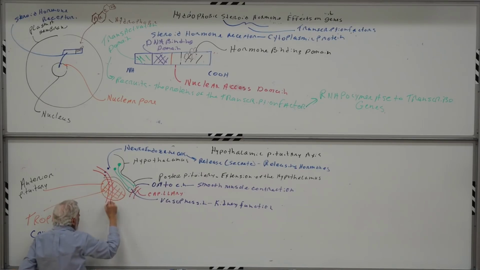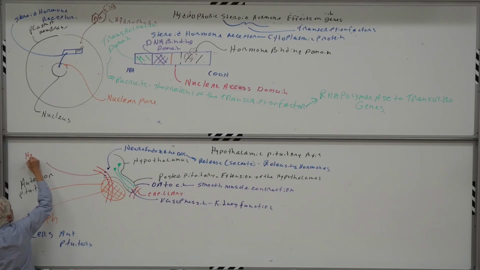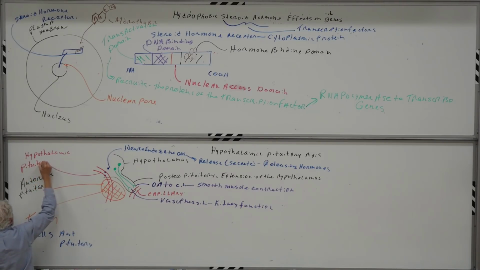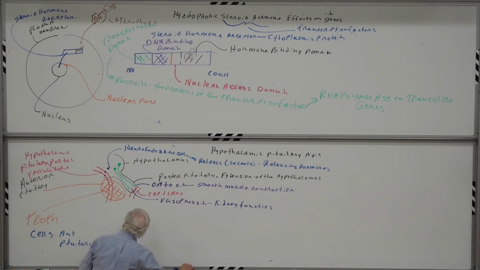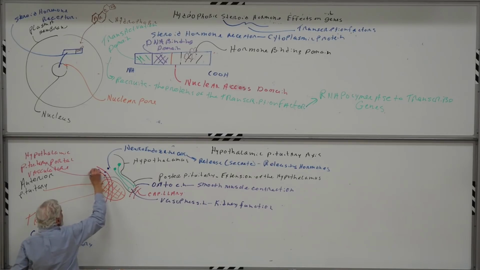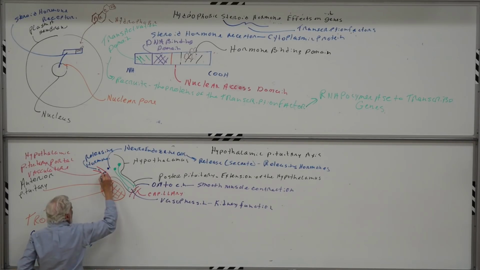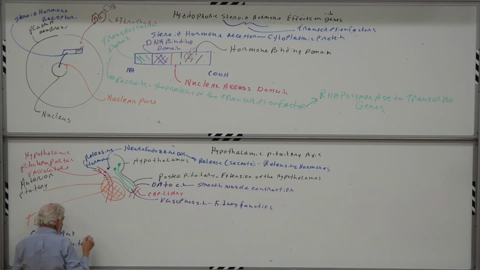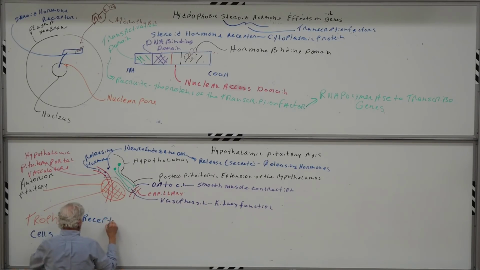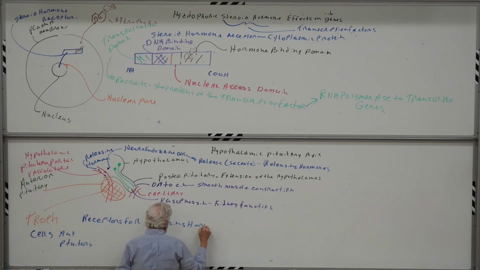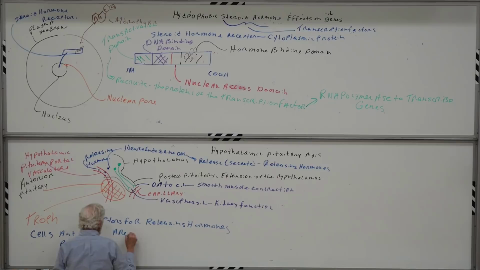There are a series of blood vessels here known as the hypothalamic pituitary portal vasculature. So that in blue, the releasing hormones are released into the blood. So these are releasing hormones. They are released into the blood, but the receptors for releasing hormones are on troph cells.